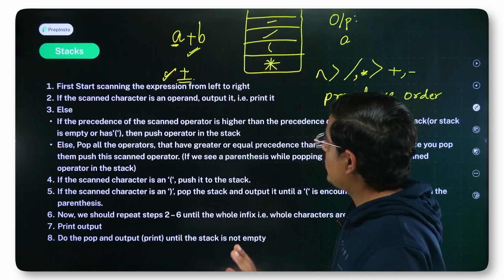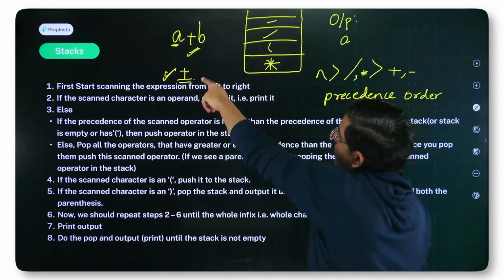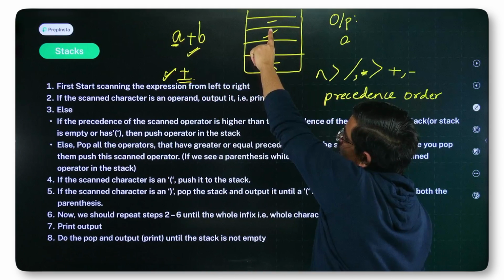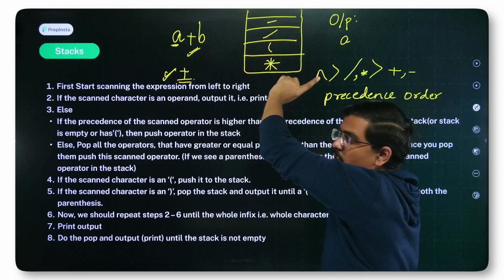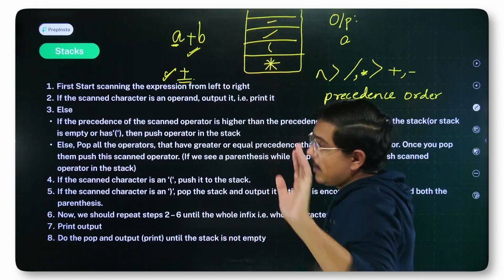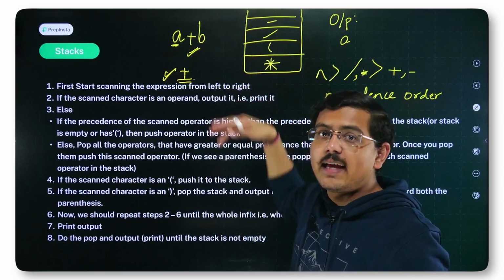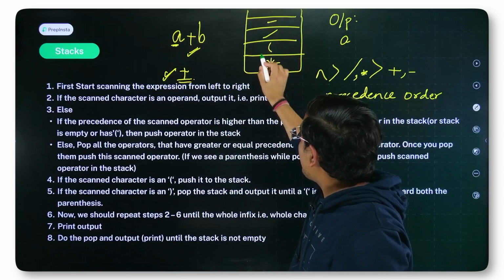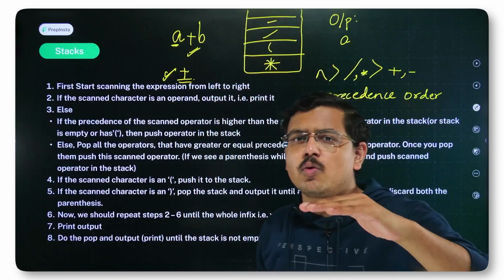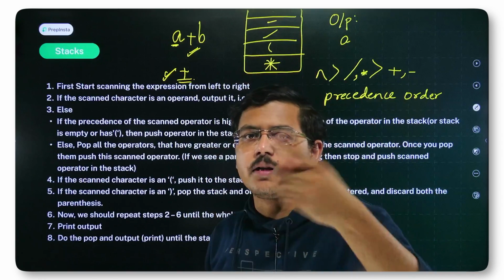So what you have to do here is keep on popping till you encounter any operator which is of same precedence or higher precedence inside the stack. So I pop them out, but this is also of higher precedence, but we will not go till there. Why? Because we have encountered a bracket in between. As soon as you encounter a bracket, push the operators back.